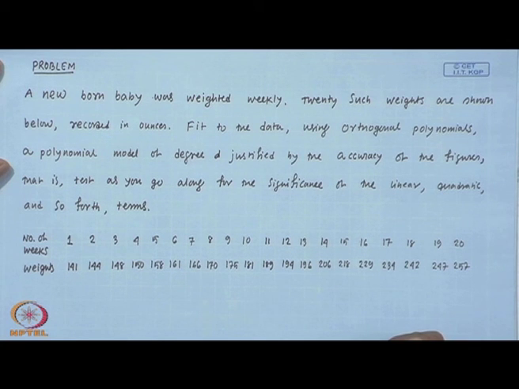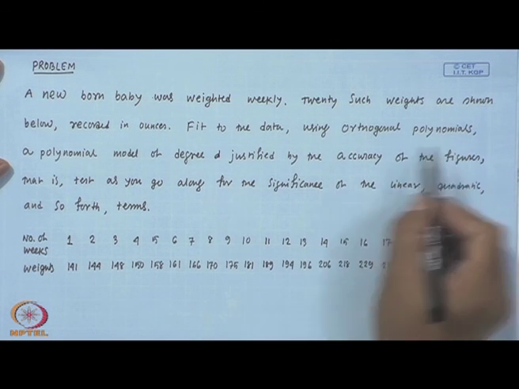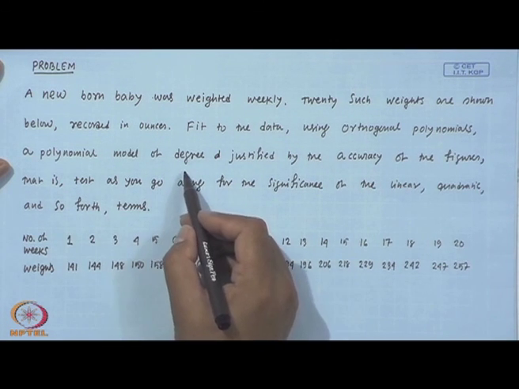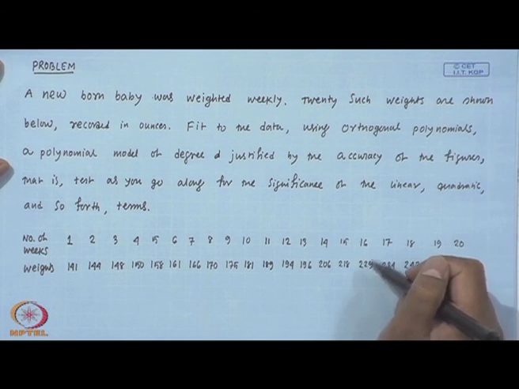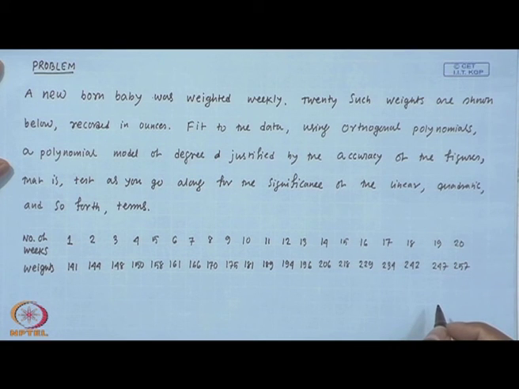If you draw a scatter plot for this, I am sure you are going to have a nonlinear pattern maybe. So, you fit to the data, using orthogonal polynomials, a polynomial model of degree justified by the accuracy of the figures.